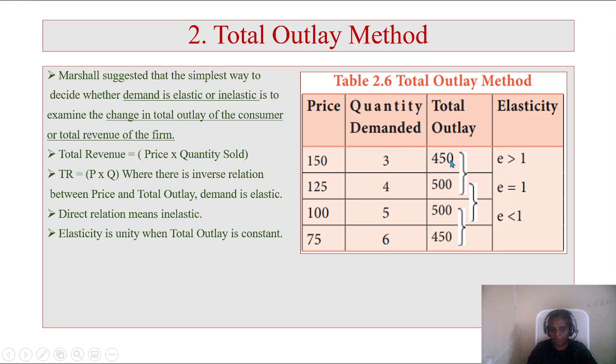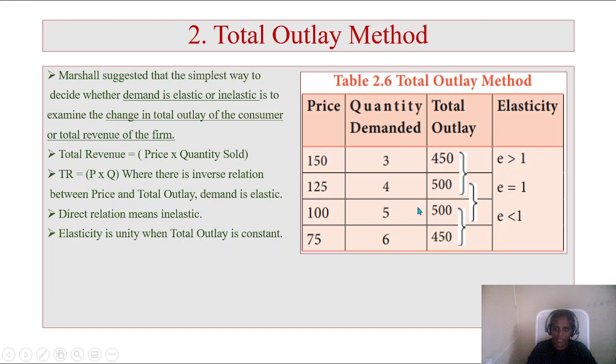When the price decreases, the total outlay increases. Can you understand here? This increase in the outlay from 450 rupees to 500, we call it elasticity increasing. So symbolically, we determine that elasticity is greater than 1.